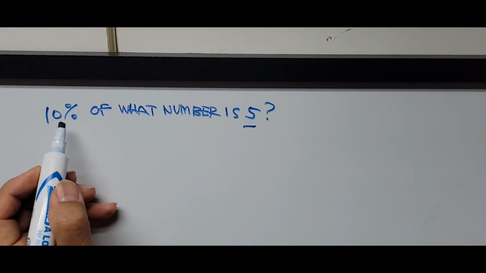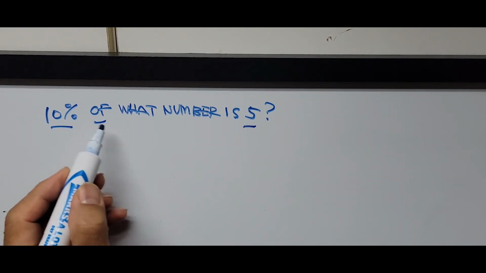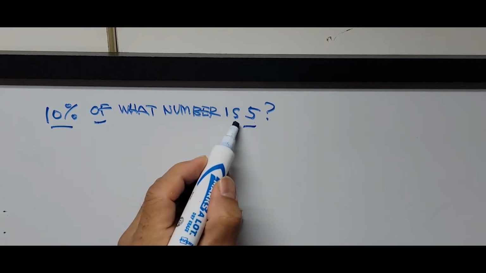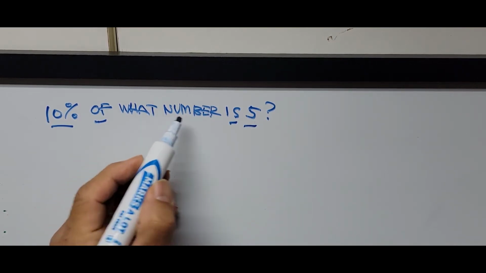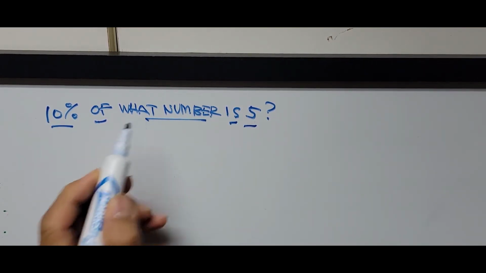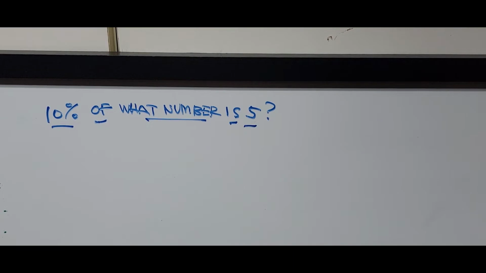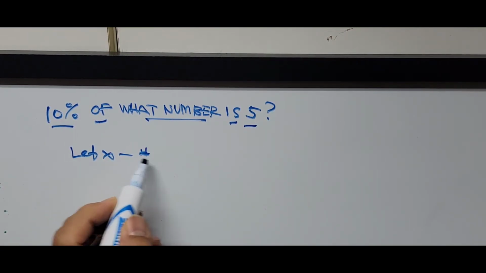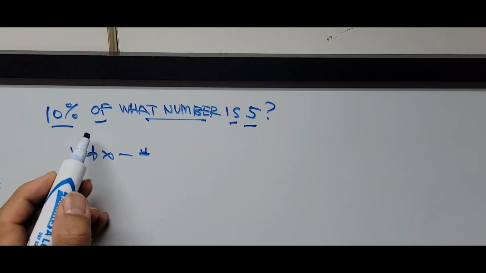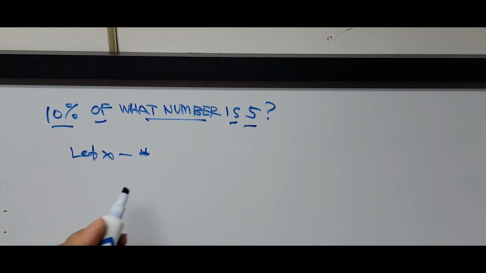Once again, 10% of, where "of" is a signal word, and then "is" right there. We're trying to signify the variable, the number that we need to find out. So let x be the number. 10% of that number is 5.